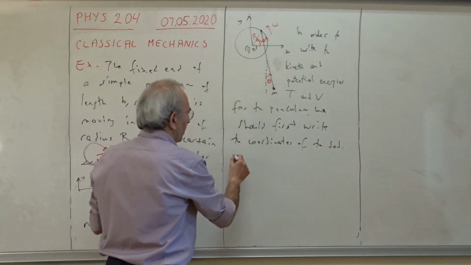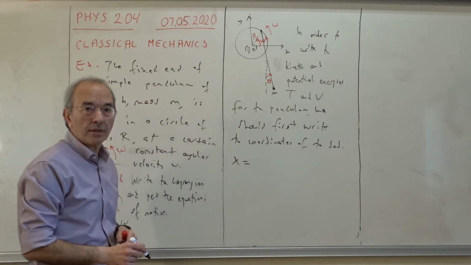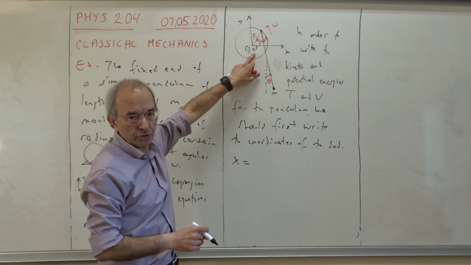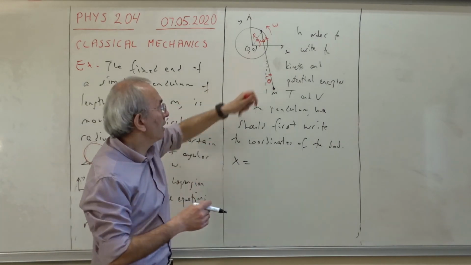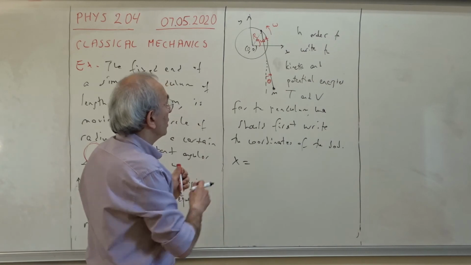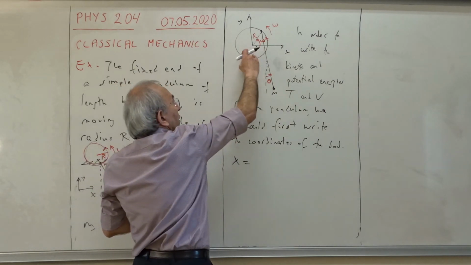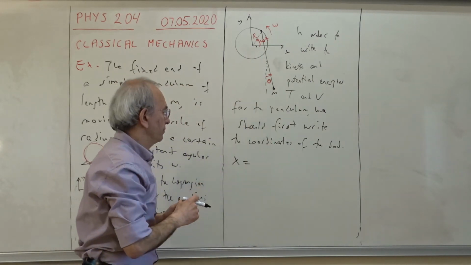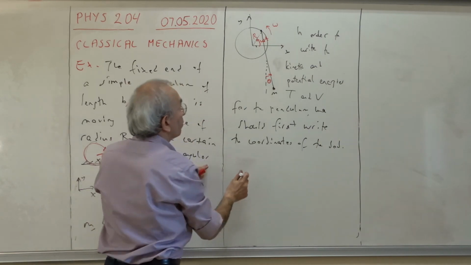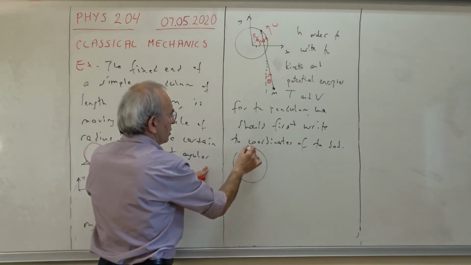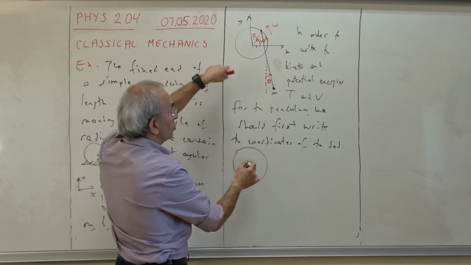So let's write x with respect to the origin, of course. What is the x value? As you see, there are two parts. So let me first draw that part again. So this is the circle.